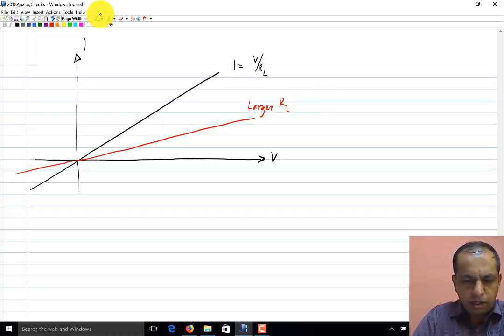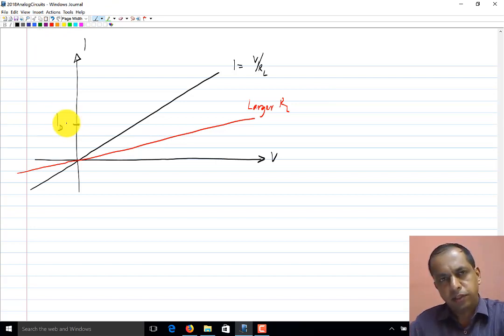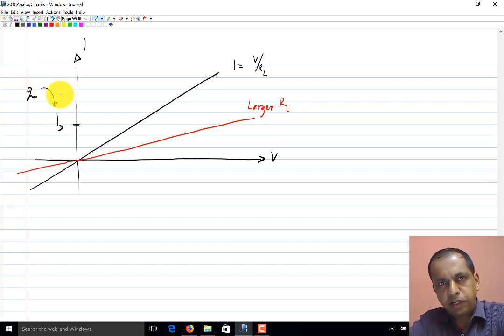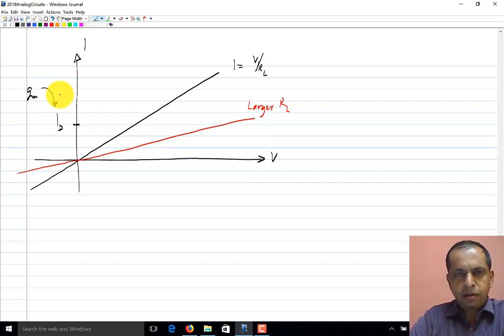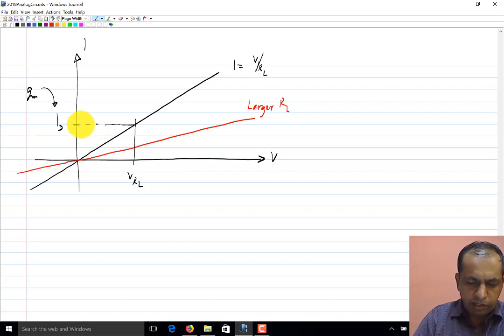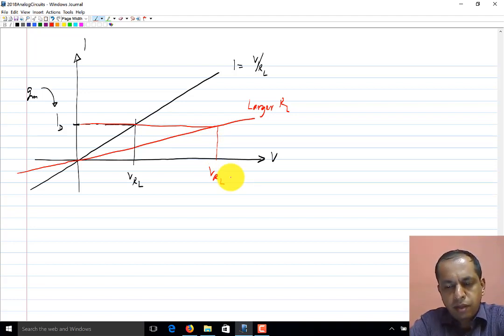Now let's say the MOS transistor is biased at a certain ID. We want to get a certain GM, and that gives us the value of ID at which to bias. If we have this resistor shown in black, then the operating point voltage VRL across the resistor would be over there. And if we have a larger resistor, it will be over here. This will be the drop across the resistor.